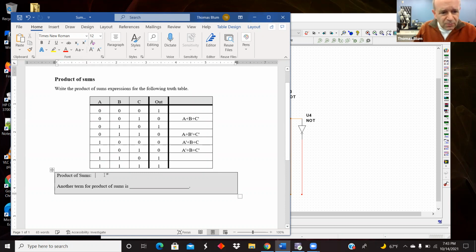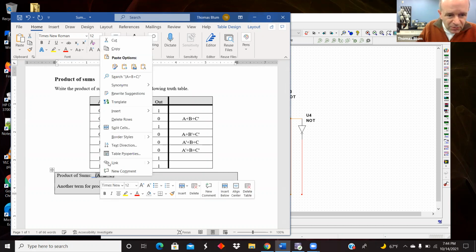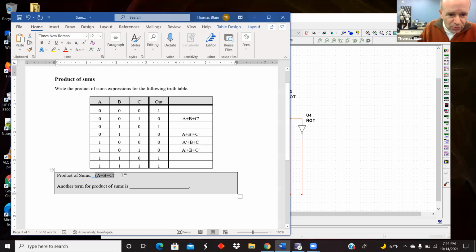Okay, so now I'm going to write the product of these. So I'm going to write A plus B plus C in parentheses. I'm going to come back and do my primes in a minute, but I'm going to copy that. I have 4 terms, so I need this 4 times.